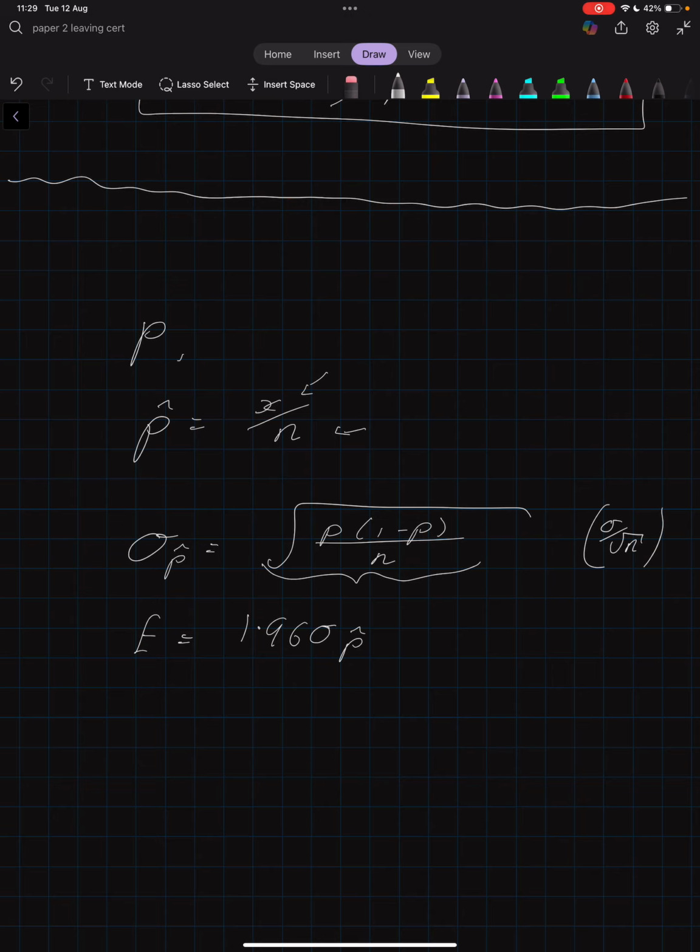Okay? So let's do an example. It says, in a survey of N voters, so we're not told how many voters there are, 0.7 of the sample said they voted in a recent referendum. A 95% confidence interval of the proportion of voters who said they voted in the referendum is given by this.